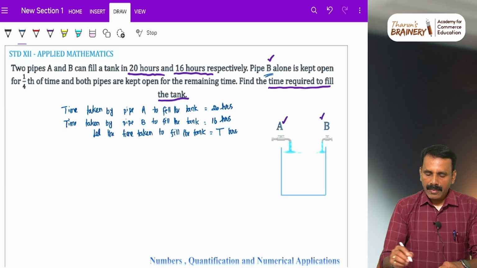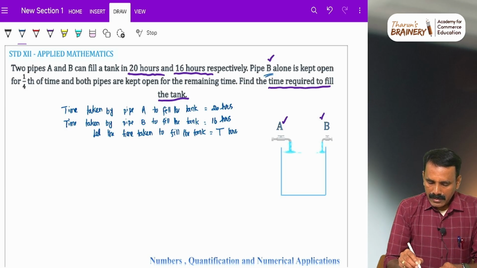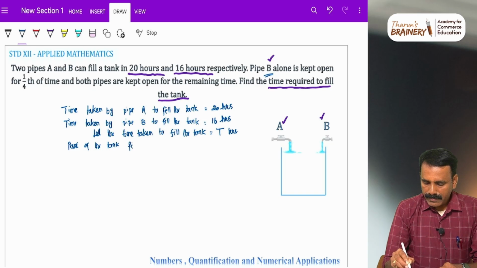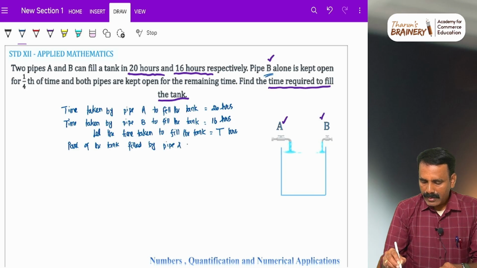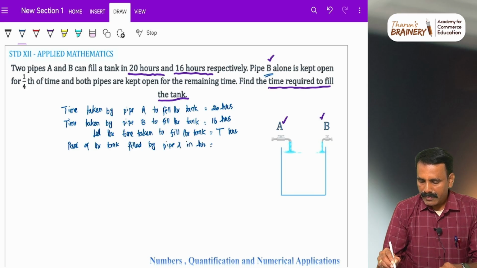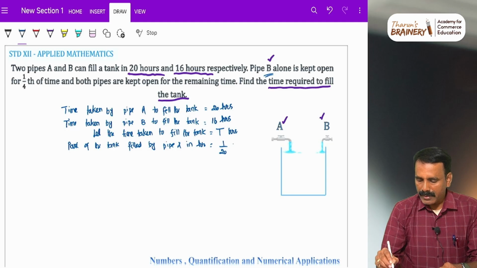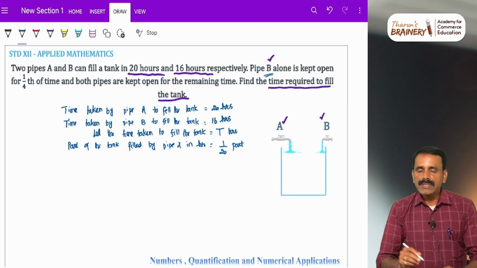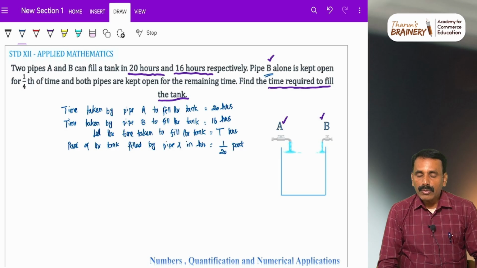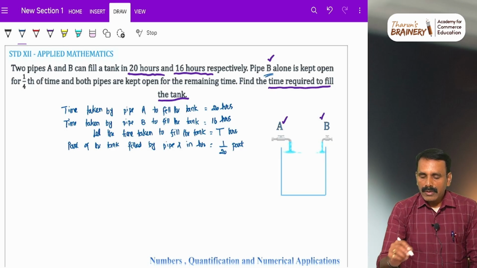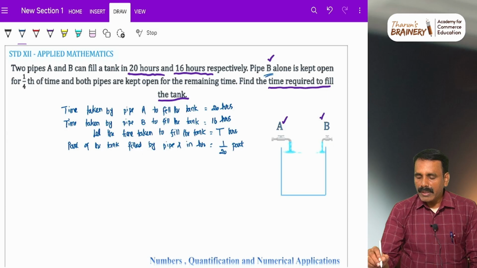Now part of the tank filled by pipe A in 1 hour will be 1 by 20 part, because it takes 20 hours to fill the tank. So in 1 hour it will fill 1 by 20 part of the tank.